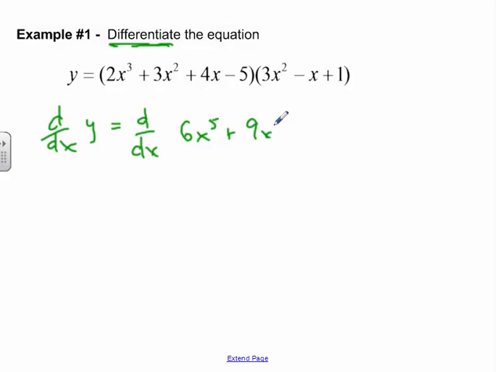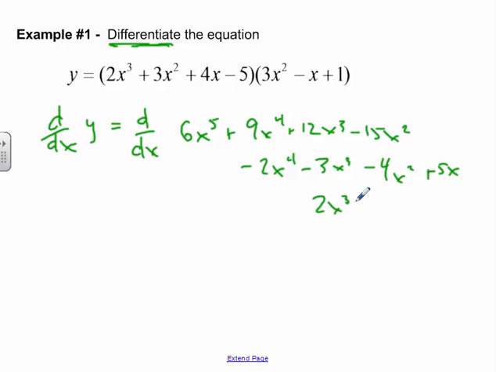We'll do 9x to the 4, then 12x to the 3, and then minus 15x squared. Then systematically, let's do all by the negative x: negative 2x to the 4, negative 3x to the 3, negative 4x squared, and plus 5x. Then when I multiply it all by 1, I get 2x to the 3, 3x squared, 4x, and minus 5.